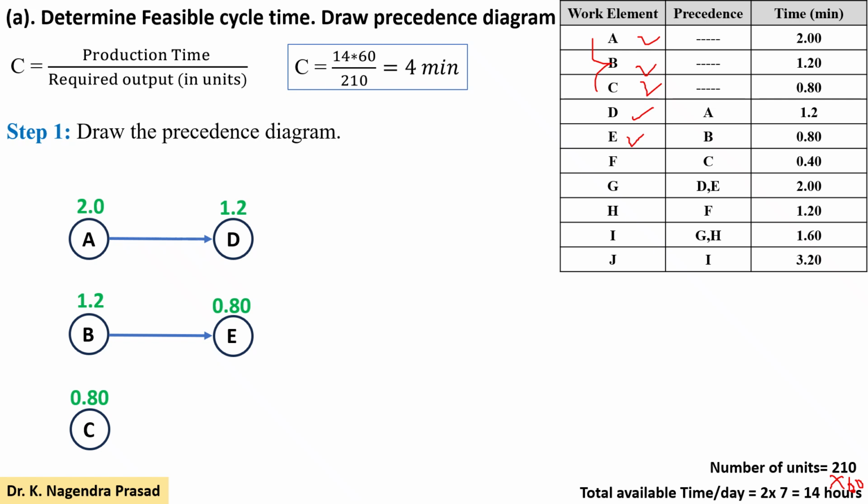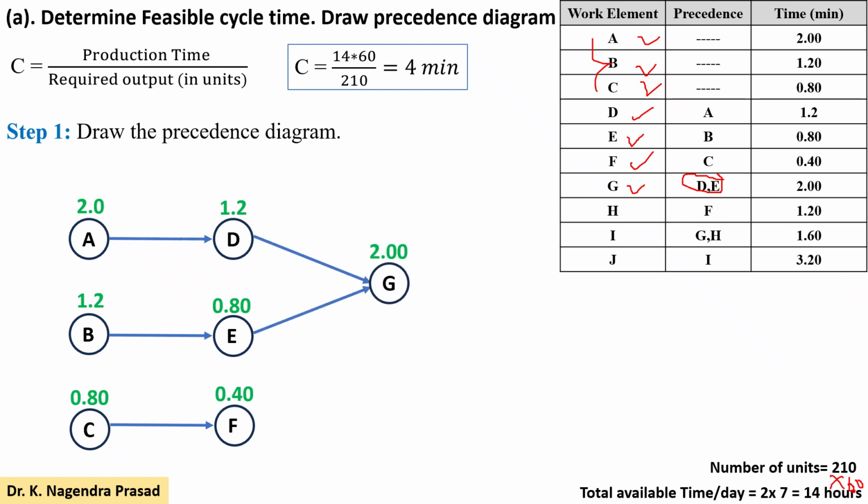Next, F will start immediately after completion of C. I draw work element F after C, with a processing time of 0.40. And next is G. G will start after completion of D and E.